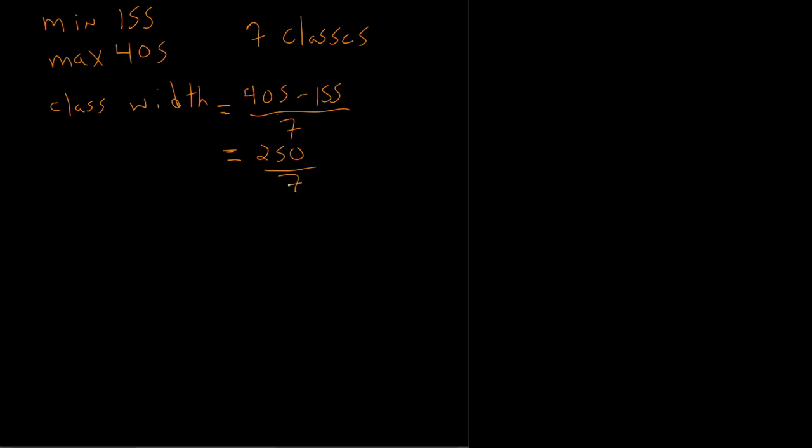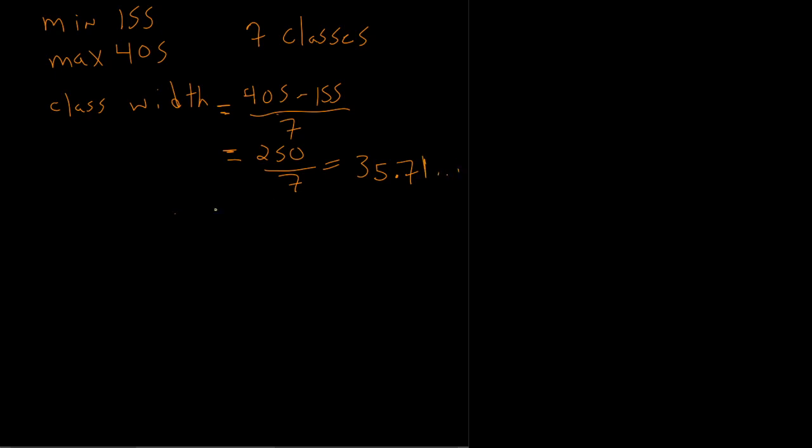And 250 divided by 7, let's see, 7 goes into 25 3 times, 4 left over. 25 minus 21 is 4. Bring down the 0, 40, 7 goes in 5 times, which is 35, so that's 5 left over. 7 goes into 50 7 times, which leaves me with 1, and this continues on.